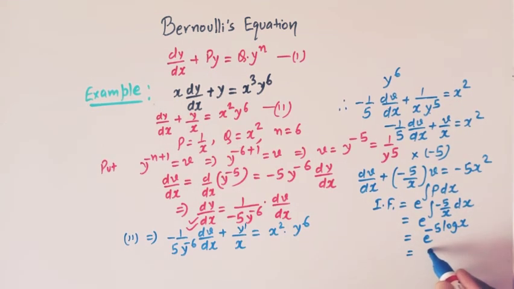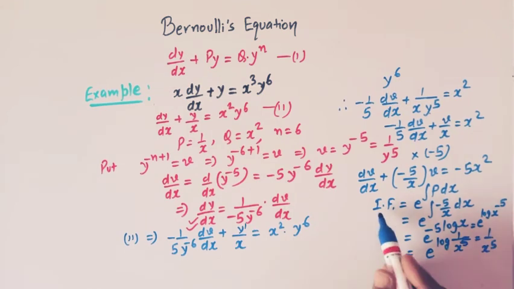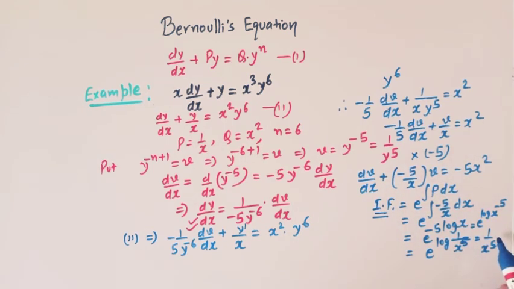So this can further be written as e raised to log of 1 over x raised to 5, and this can be written as 1 over x raised to 5, right? Because this can be written as e raised to log x raised to minus 5. Clear? So now the integrating factor of this linear differential equation is 1 over x raised to 5.